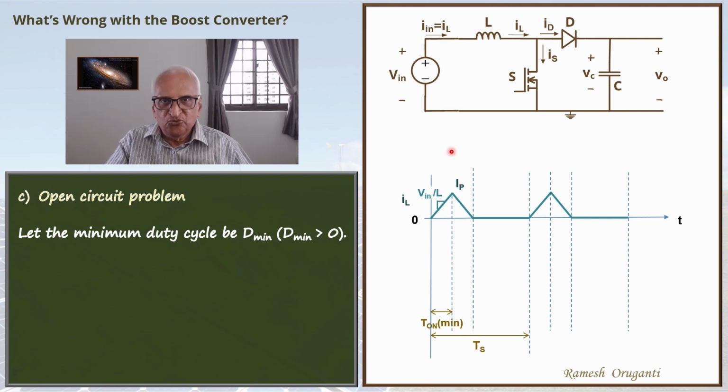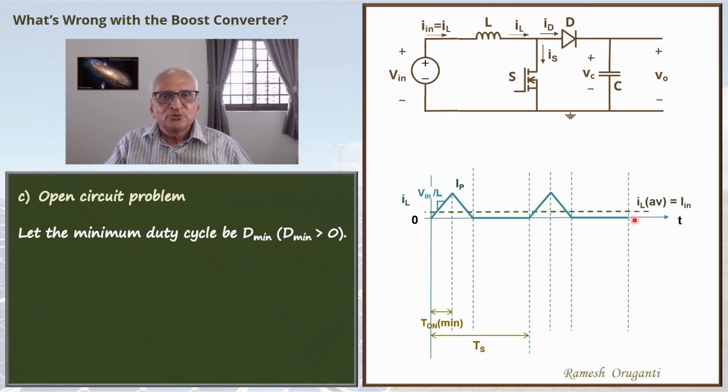The inductor current falls. Depending on the capacitor voltage, it will fall at some rate and reach 0. Next cycle, a similar thing happens. The average of the inductor current is the input current. I will mark it as I in. The fall of the inductor current will depend on the actual output voltage at that instant. Let's not concern ourselves too much with that.